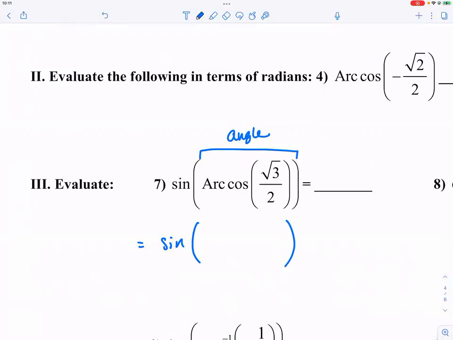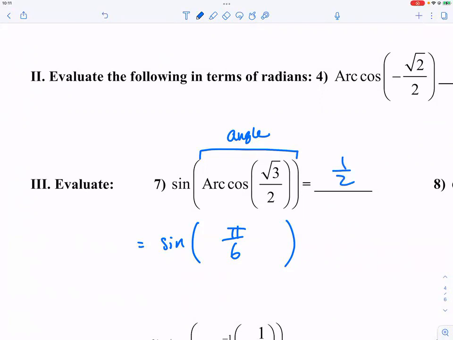So it must be in quadrant 1 since it's positive. So to have a √3/2, that angle must be pi/6. Okay. So it's an angle in quadrant 1, it's pi/6, and then now you ask yourself a question: what is sine of pi/6? 1/2.